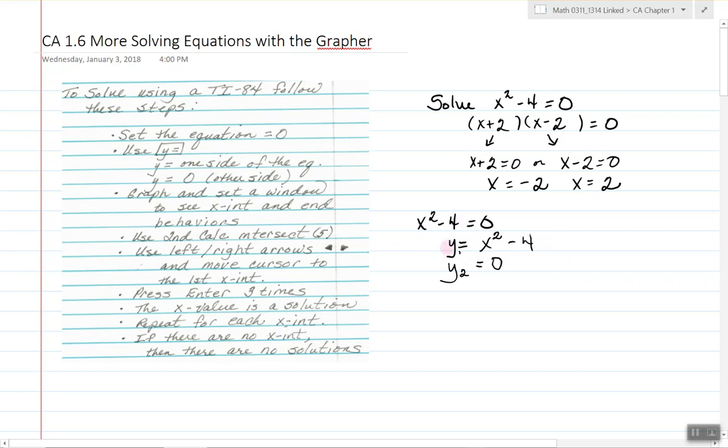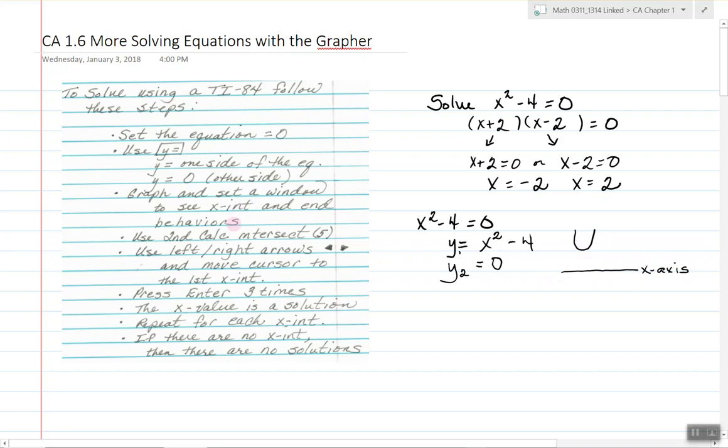Quadratic equations, when they turn into quadratic functions, graphable versions, always have the shape of a U. If the x squared's leading term is negative, it's an upside down U. Y equals 0 is a horizontal line along the x-axis. So for this particular problem, I'm going to have a U shape and a horizontal line.